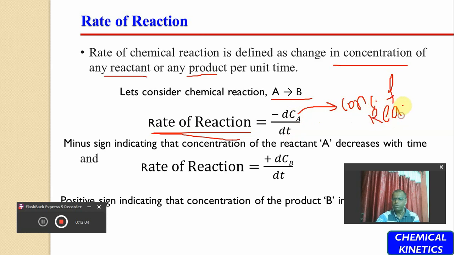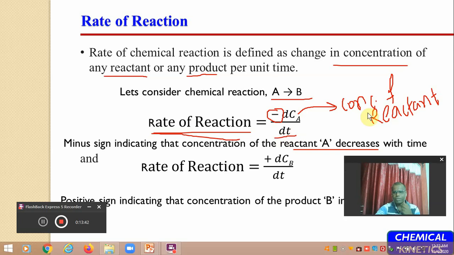This is very important: it has a negative sign because C suffix A is the concentration of the reactant, and the concentration of the reactant decreases with increasing time. That's why it has a negative sign. So minus dCA by dt is the decrease in concentration of reactant with the change in time dt.